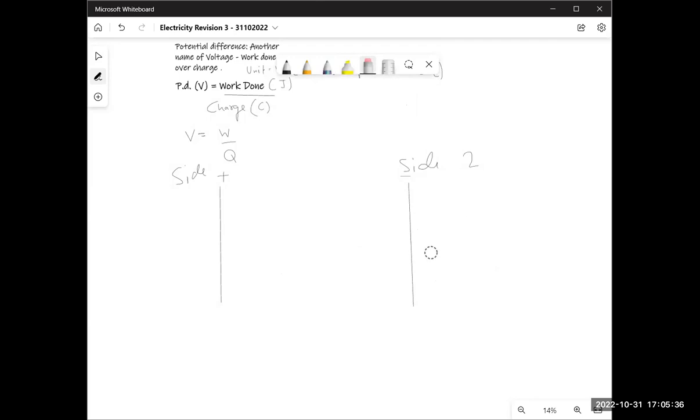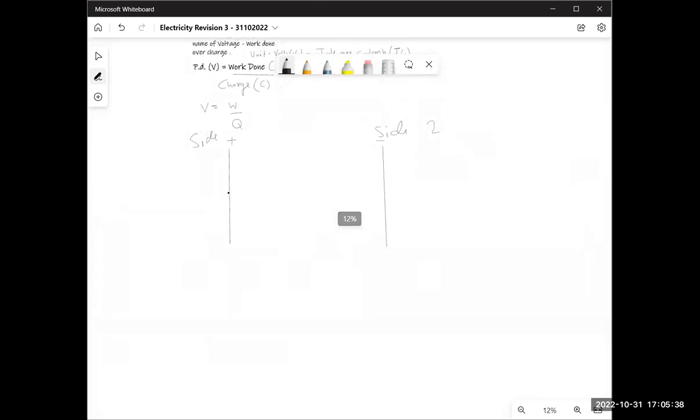If I remove this in the middle, and if I connect a circuit like this, I have negative charge here, let's say 2 negative charges. How can I balance this? I'll take one to the other side. Now it can't jump like this because there's a gap.